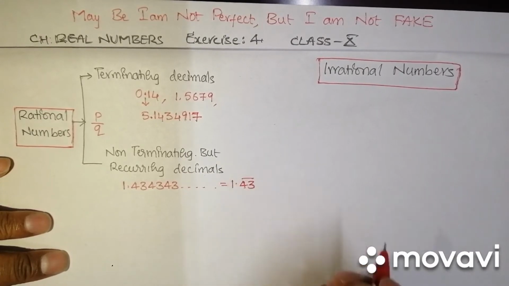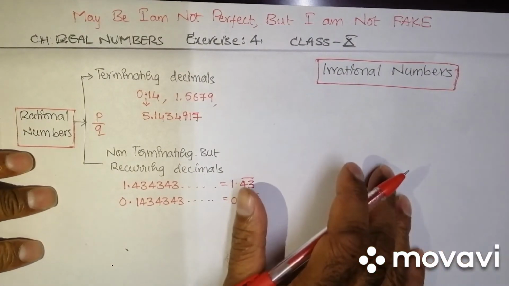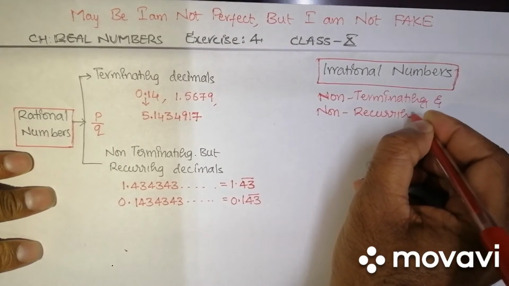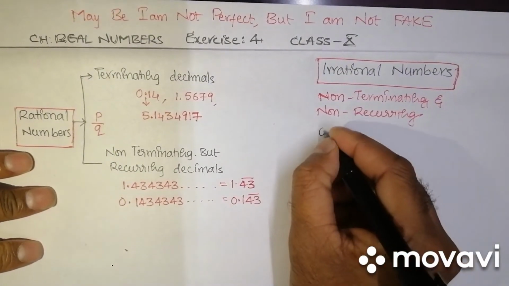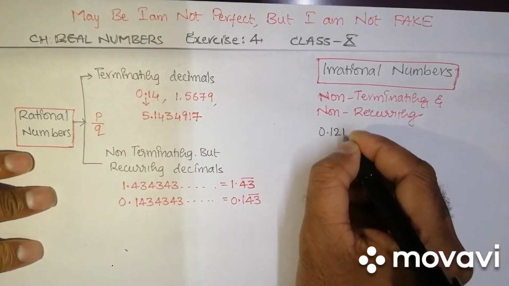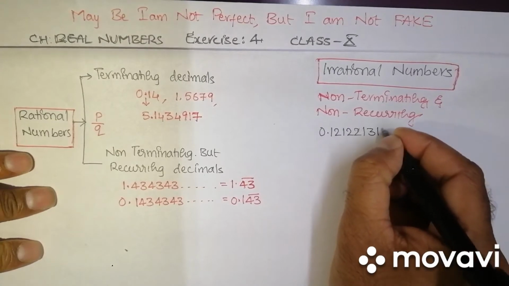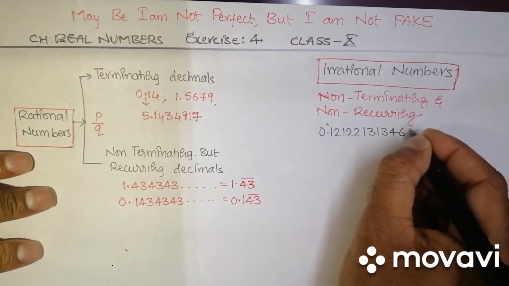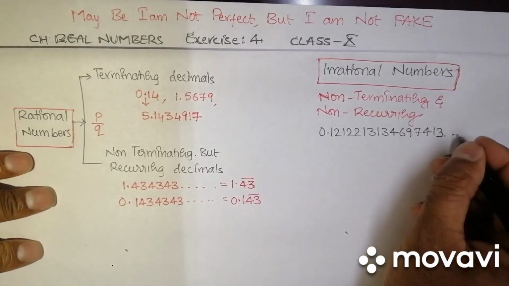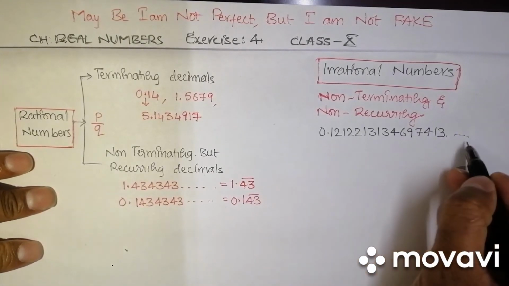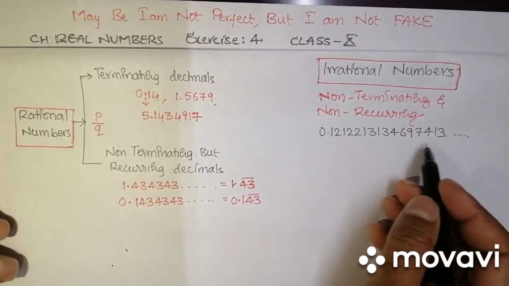Coming to the part of irrational numbers, how do the decimals look? Non-terminating and non-recurring. So, an example like 0.12121314697413, keeps on, meaning an infinite number of decimal places will be there and even the digits are not repeating.